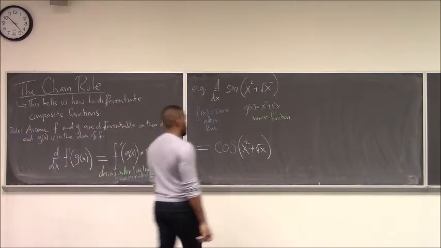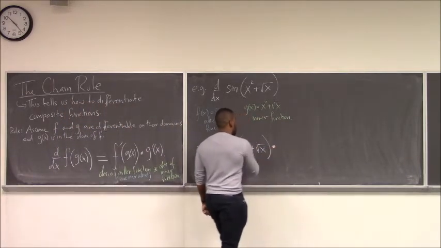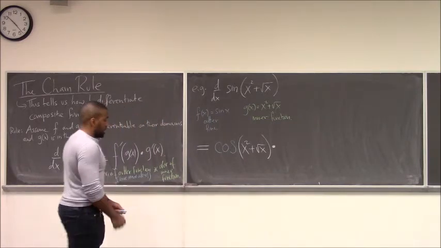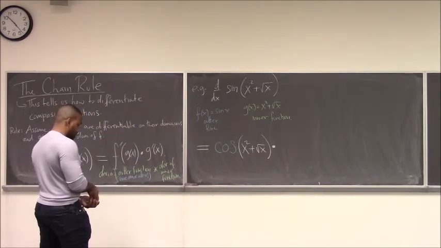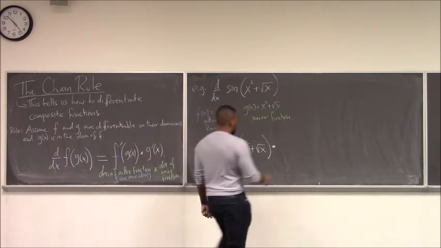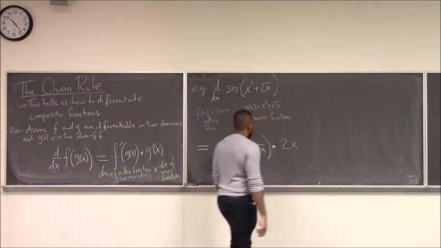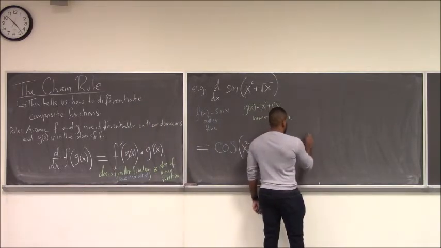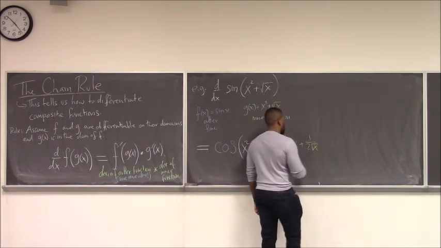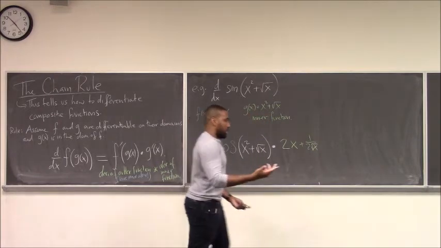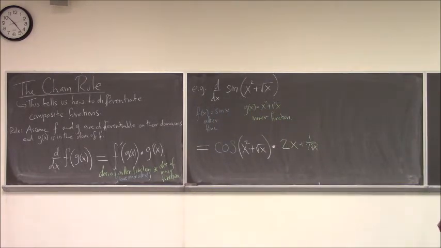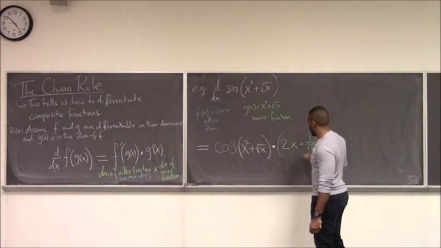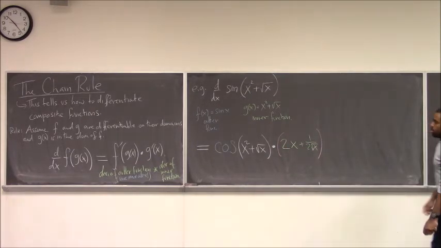Then the rule says we multiply by the derivative of the inside. We know the derivative of the inside individually. The derivative of x squared is 2x, and the derivative of radical x is 1 over 2 radical x. Again, because algebra is super important, you should have parentheses here. That function would be the derivative of this function.